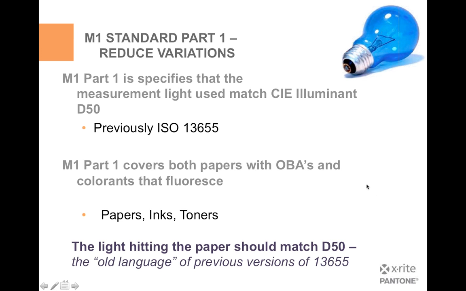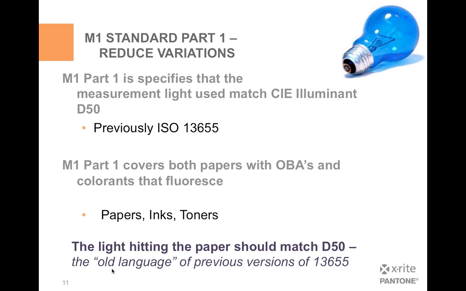The important part to remember, though, is part one covers both papers, so the OBA content, and then colorants as well. So part one is sort of the stiffer piece to meet, and it allows you to measure either brightened papers or toners or inks that might fluoresce. So this is sort of the premier standard to hit.